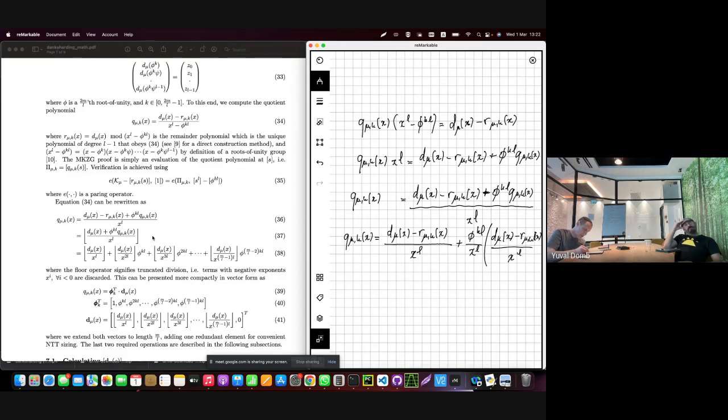Divided by xl, and then plus, and I could continue doing this pretty much forever, but I would stop when I start getting negative terms in the x, because I'm not interested in the negative power.